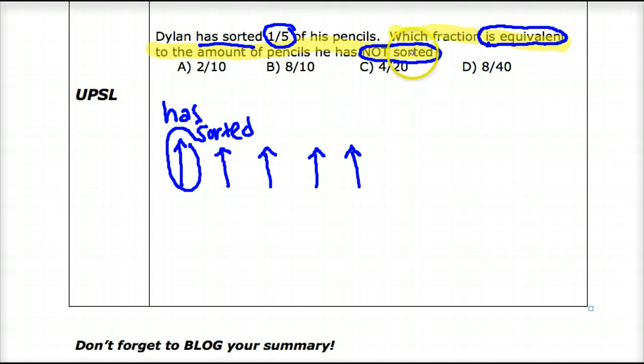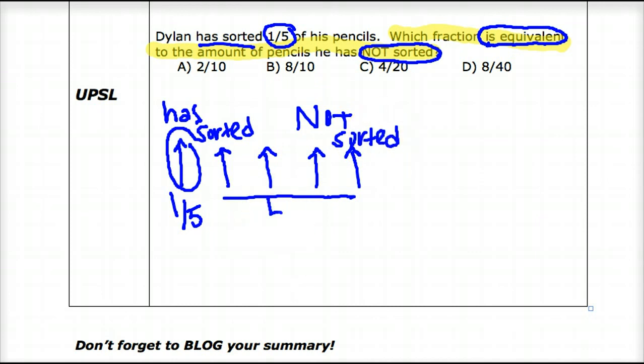But we want to know how many he has not sorted. So we're left with 1, 2, 3, 4 pencils. So this one is 1/5, and these are not sorted, and they represent 4/5. So we want to find the answer choice that is equal to 4/5.